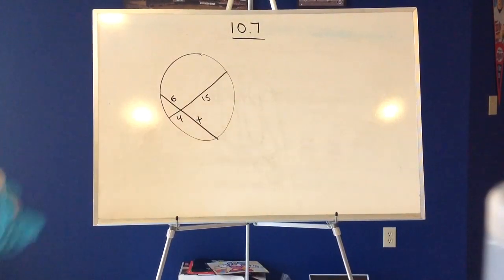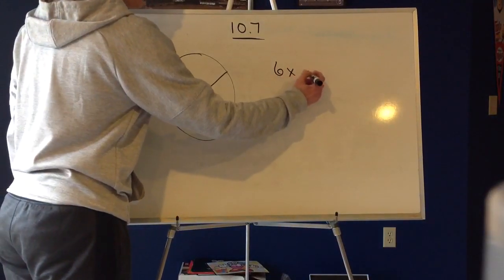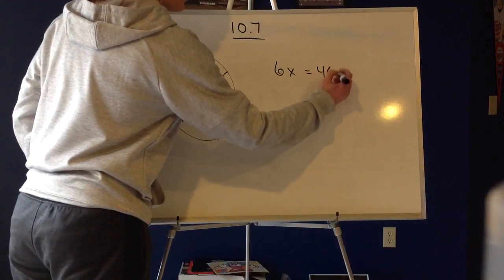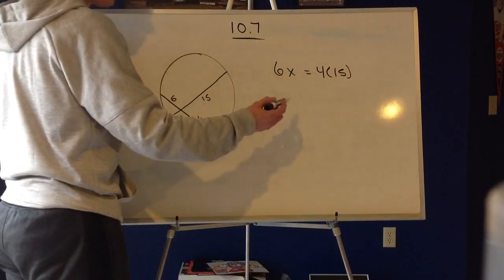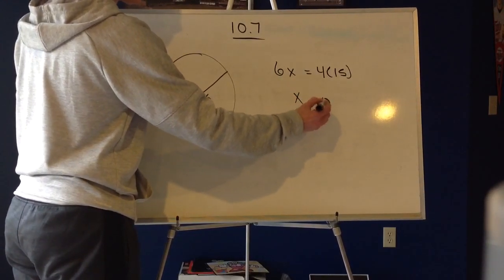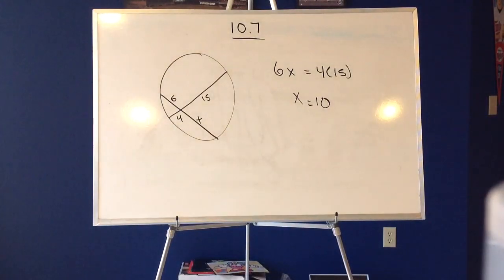Again, just going to multiply the two pieces of the chord and solve those. So I'm going to take 6 times X equals 4 times 15. 4 times 15 will end up giving you 60. Divide by 6 and we'll get X equals 10. Anytime they're on the inside like that, we're just going to multiply the pieces together.